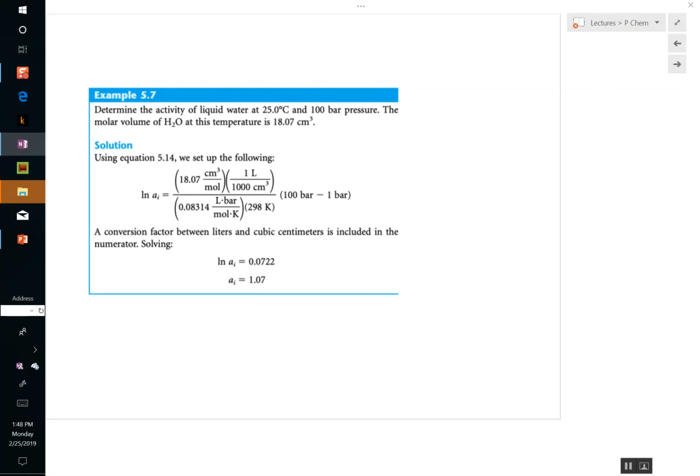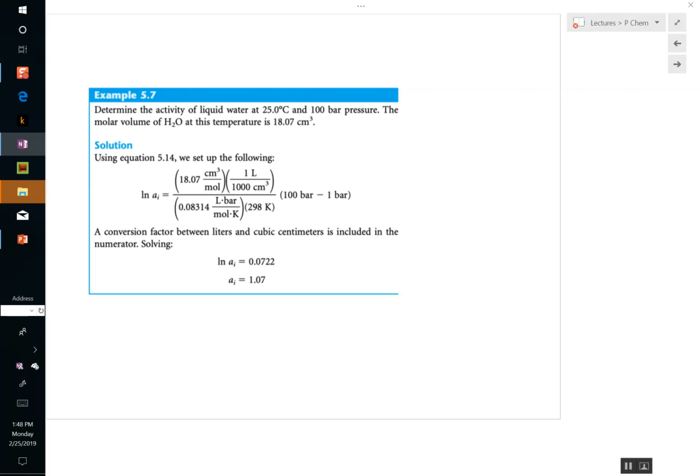So how would we use it? We're going to do one more quick calculation. Take a look at example 5.7 from the book. Determine the activity of liquid water. Now we're talking about a liquid. It's at 25 degrees C, 100 bar pressure. The molar volume of water at this temperature is 18.07 cubic centimeters.